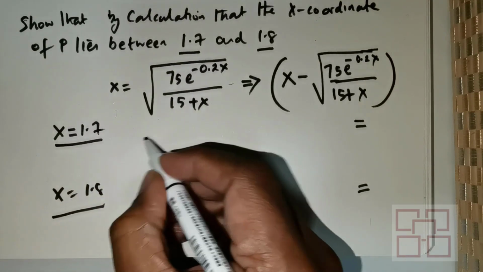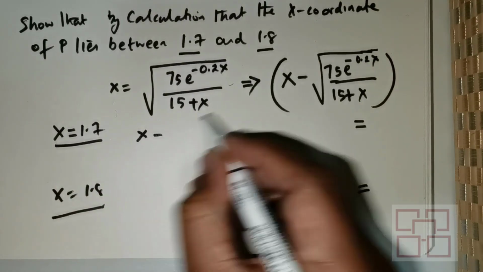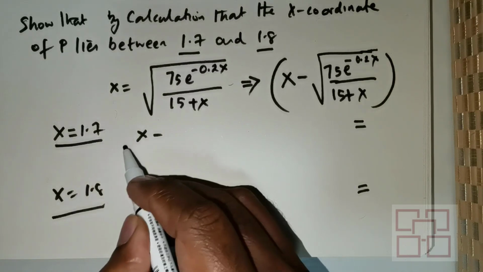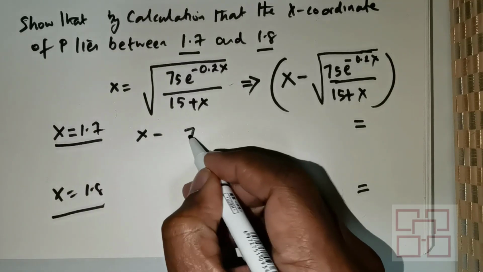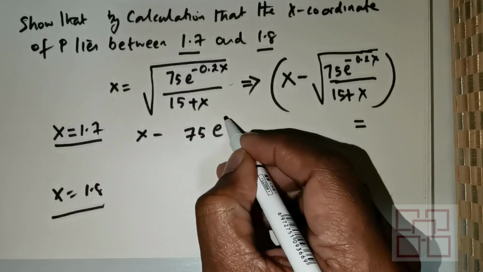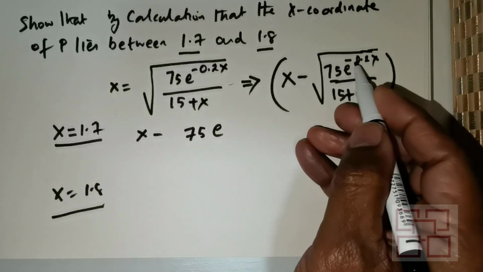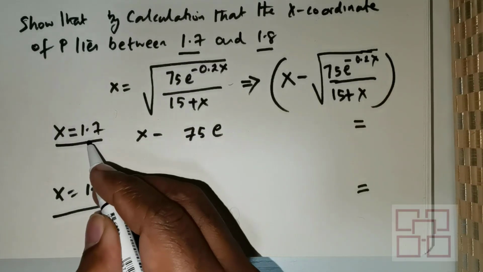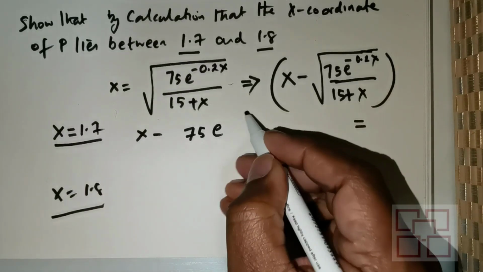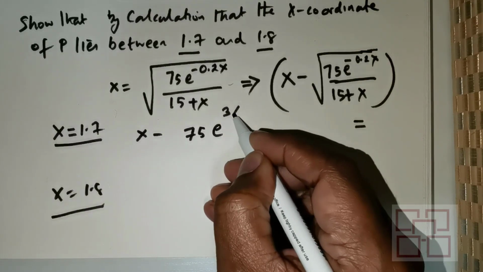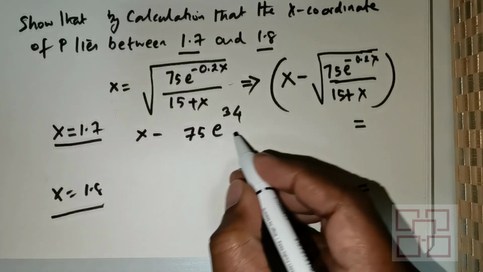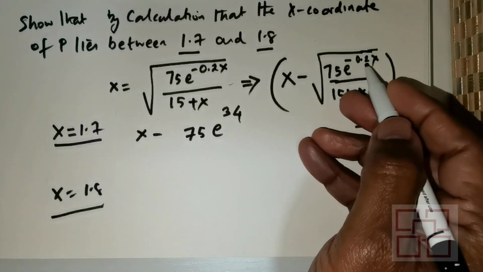So how are we going to do that? Let us start by finding the value of this quantity for x equal to 1.7. So place 75 and take e raised to the power negative 0.2 times 1.7. That is going to give me 0.34, since there is a decimal point.